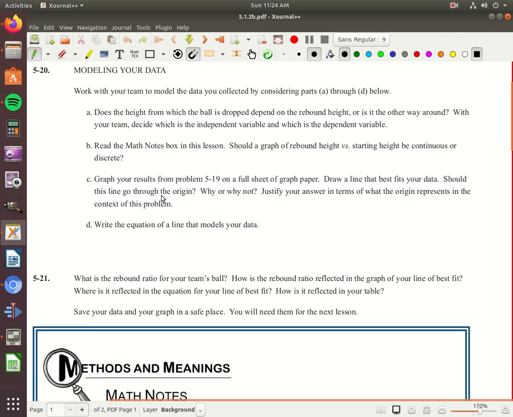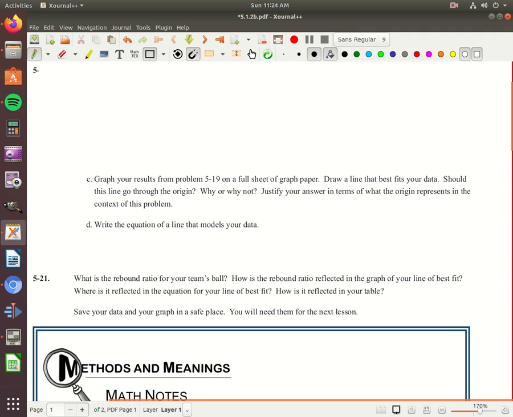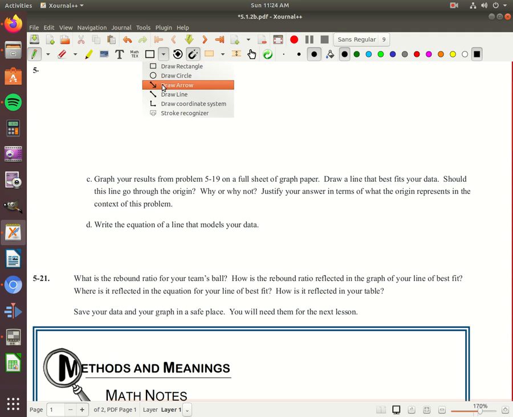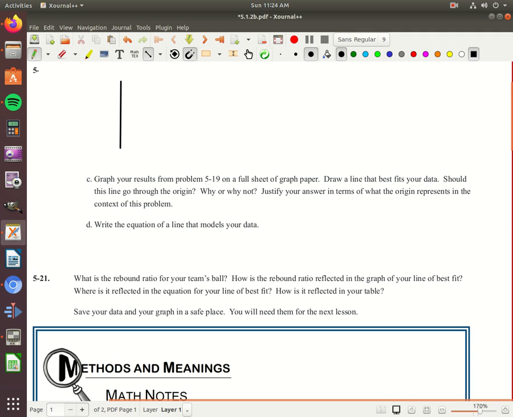So we're going to do a quick graph and write the equation that models our data. This will not be perfect, but I will try to do a slightly better job. I think I'll do it up here, that way I can read CD and 21 as well. I'll try and make a roughly straight graph.